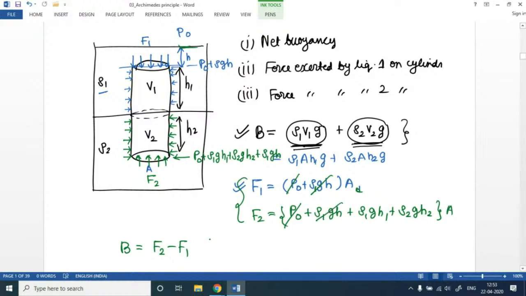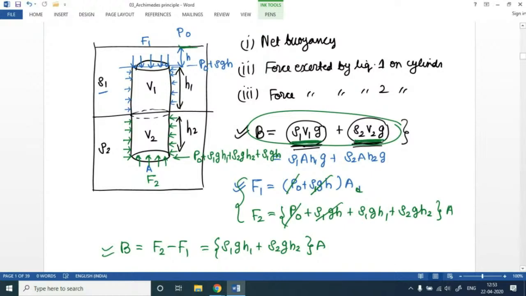After subtracting, we still get rho 1 GH1 plus rho 2 GH2 into A. So the buoyancy is still the same value, but you must be very careful that this part of the force is not the force due to liquid 1, and this part is not the force due to liquid 2. Rather, the forces due to liquid 1 and liquid 2 are these quantities, and liquid 1 applies force effectively at the topmost surface, and liquid 2 applies force at the bottommost surface.